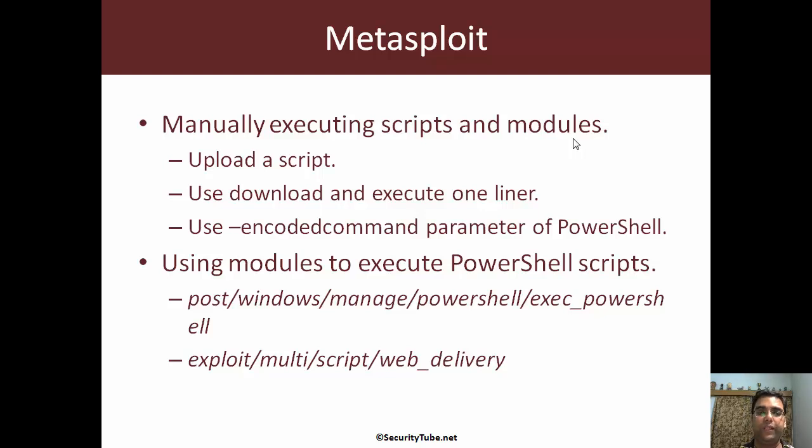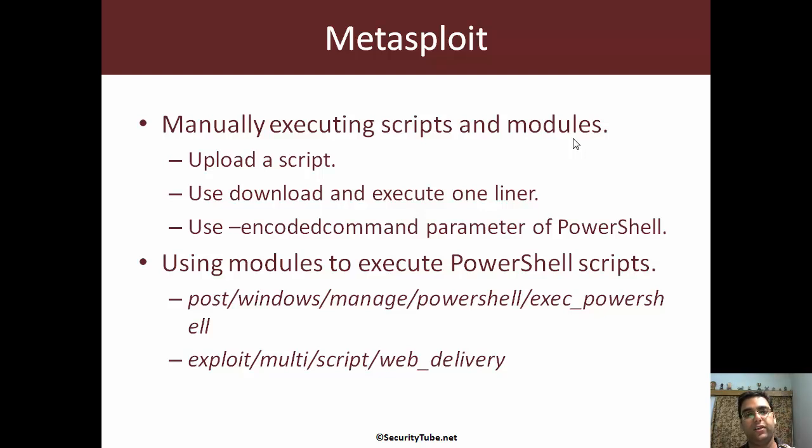So there are two ways of achieving this. The first one is to manually do the stuff, which I personally prefer. And the second one is to use the existing modules in Metasploit. To manually do it, there are three ways.